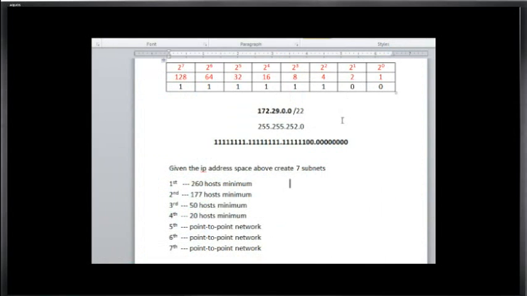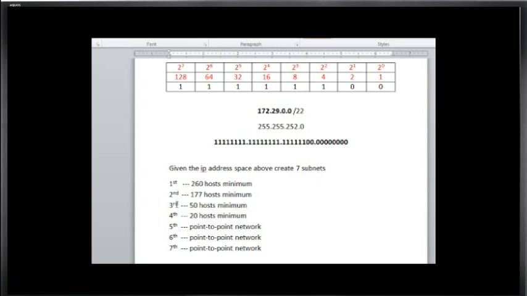Well, first of all, we'll look here. Here's our address space, 172.29.0.0/22. And I've written out the /22 in decimal form for the subnet mask, and I've written it out in binary. Given this IP address space, and I'm going to really stress that, the IP address space, create 7 subnets.